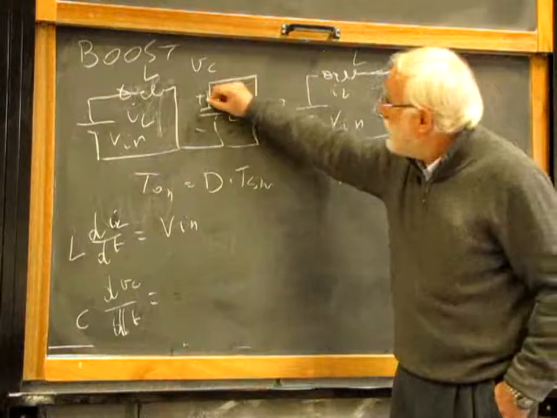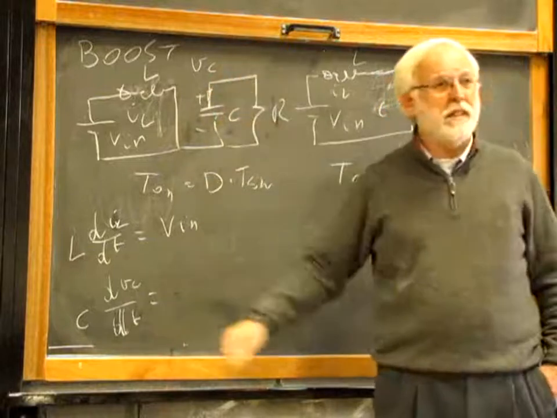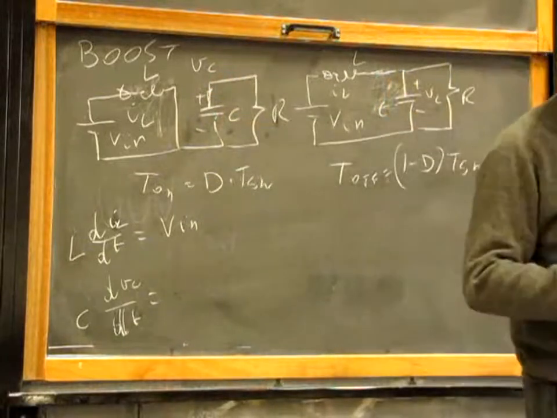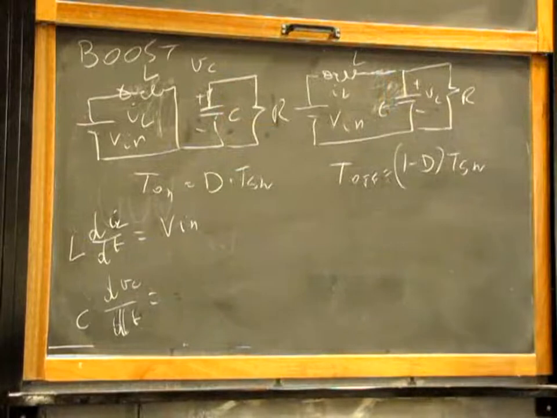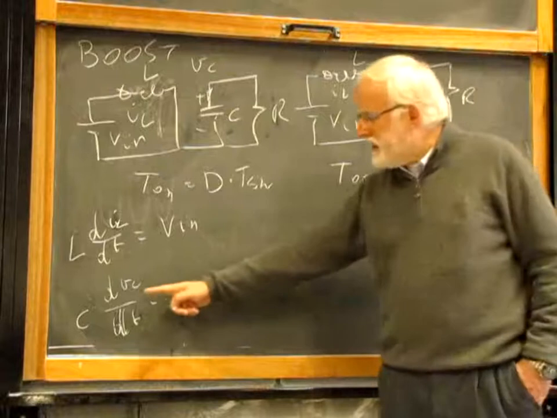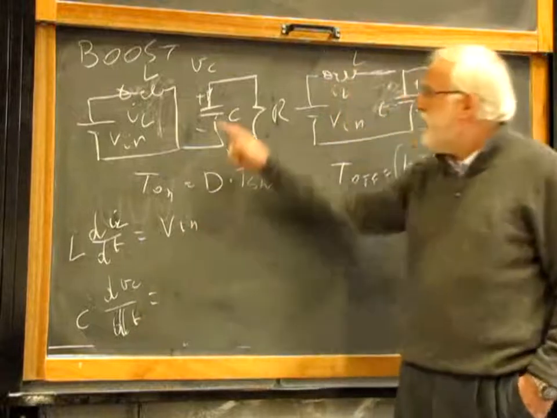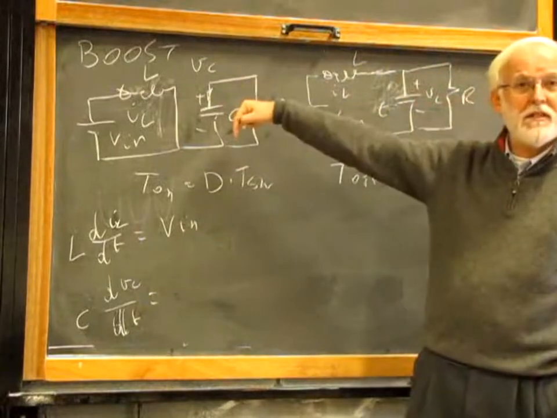So C dVc/dt, that is the current into the capacitor. The current goes into the capacitor because I use the load sign convention. C times dVc/dt, the current going into the capacitor, is equal to what?